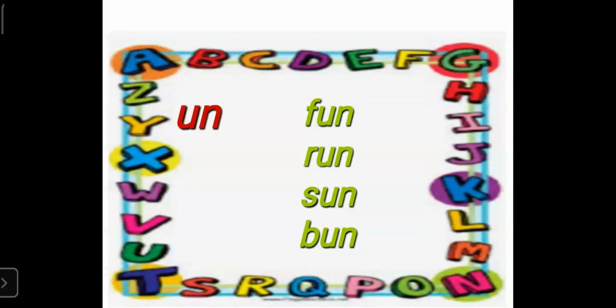By adding the letters OW to the given letters, the words formed are bow, cow, how, now, and wow. By adding the letters UN to the given letters, the words formed are fun, run, sun, and bun.